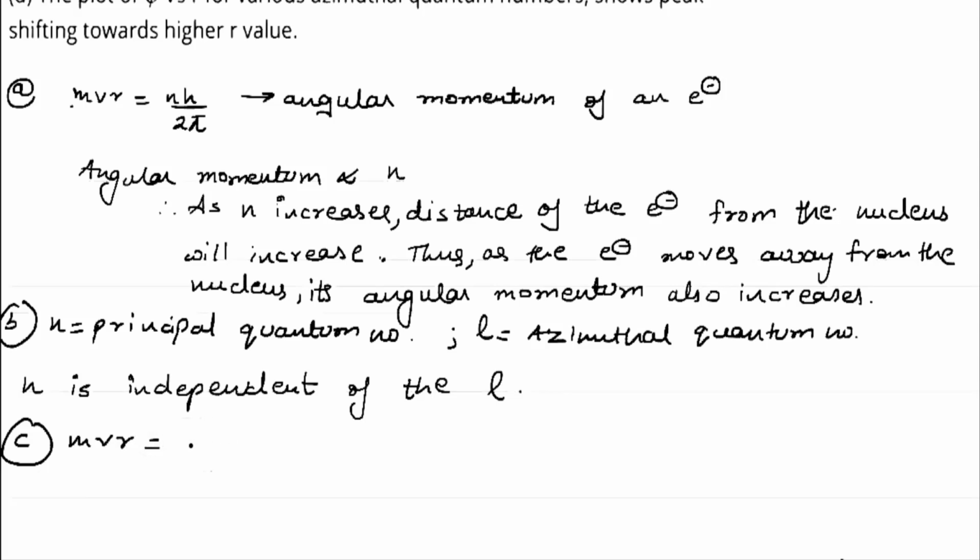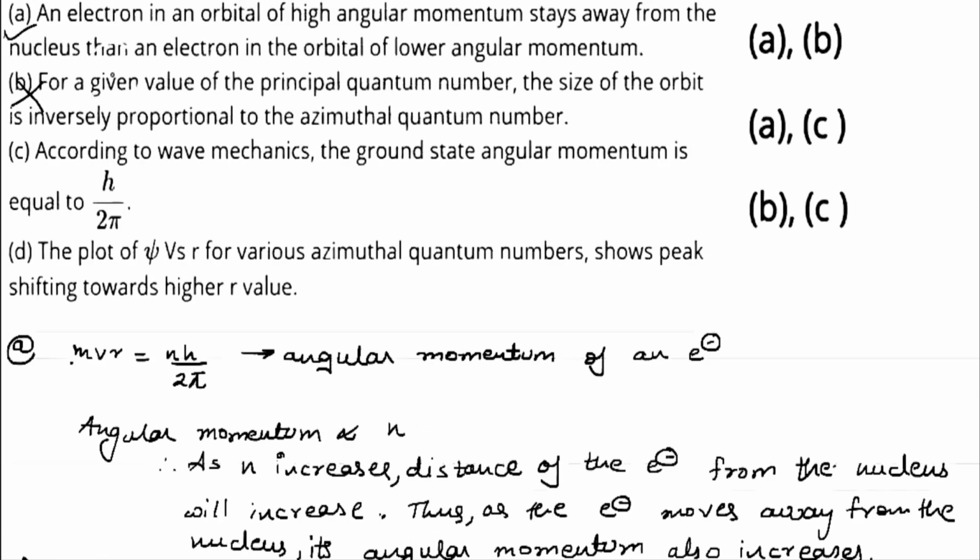As we had seen in the first statement, the angular momentum is nh/2π. For the ground state, n is equal to 1, so mvr will be equal to h/2π. So the third statement is totally true. Very true.